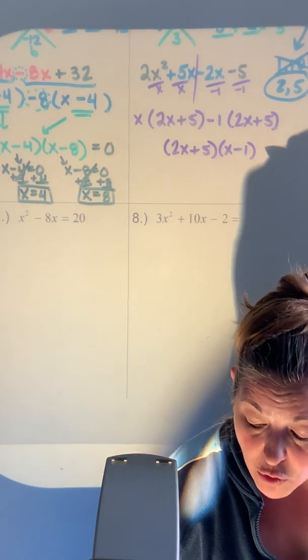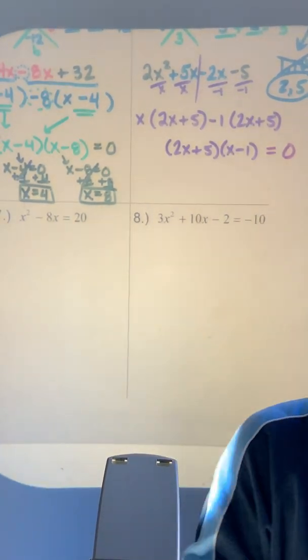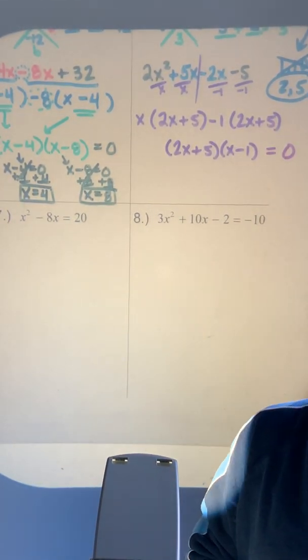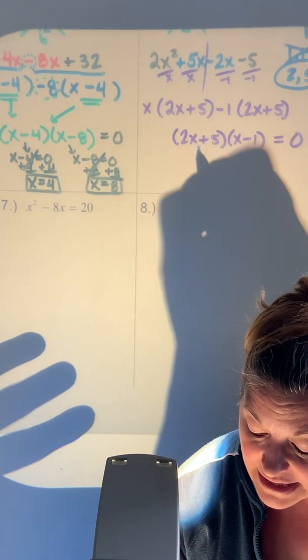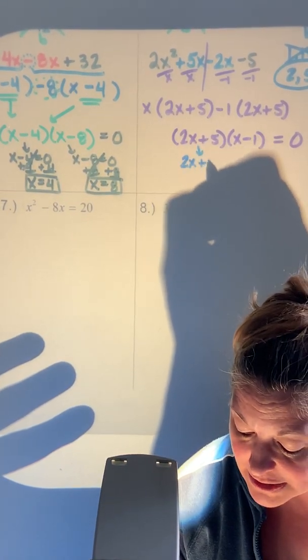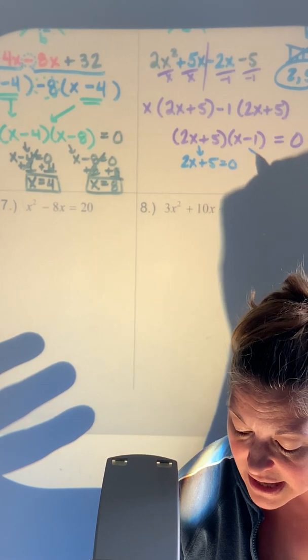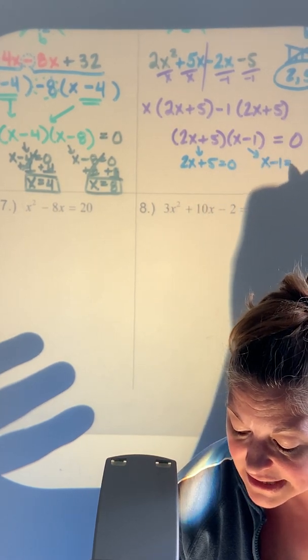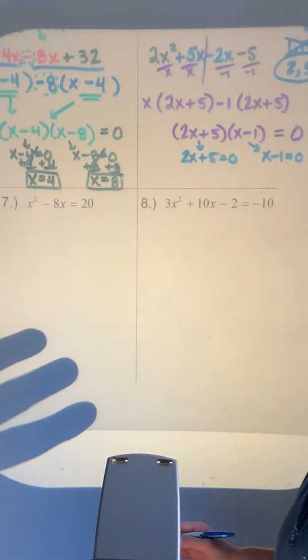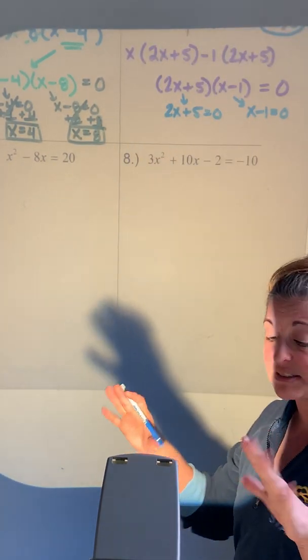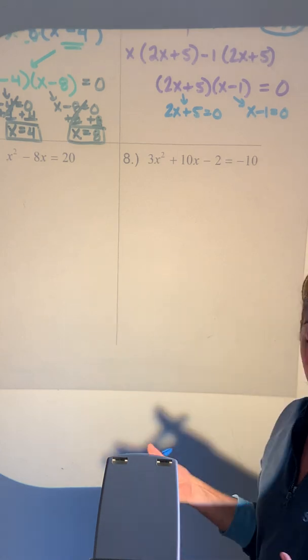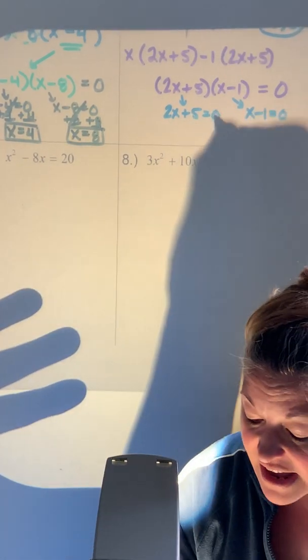And of course, don't forget that the point of this was not just to factor, but to actually also solve it as well. So now we'll go ahead and take this guy, set him equal to 0, and this guy, set him equal to 0. So the whole point is to make sure that we can factor so that now we can take the pieces, set them equal to 0. 2x plus 5 equals 0.